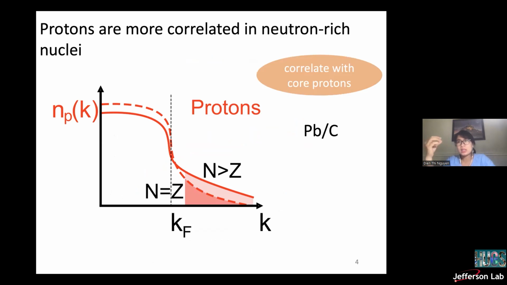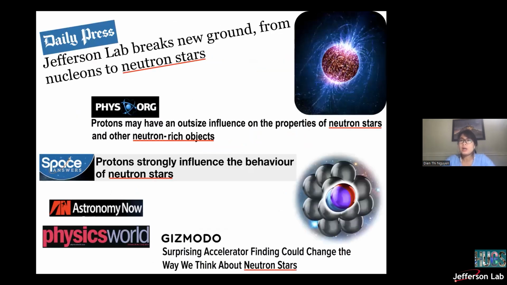So that is why it brings more protons from the mean field to the SRC region. And we still have a lot of things to learn about SRC. We have many near-future experiments to study different aspects of SRC as well. And in terms of neutron-rich nuclei in SRC, it has a very important application to neutron stars.